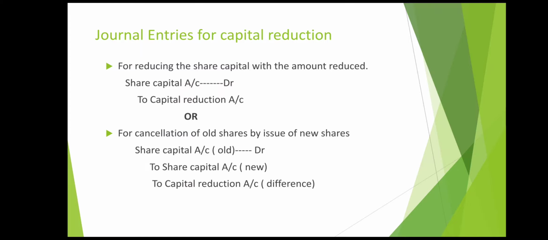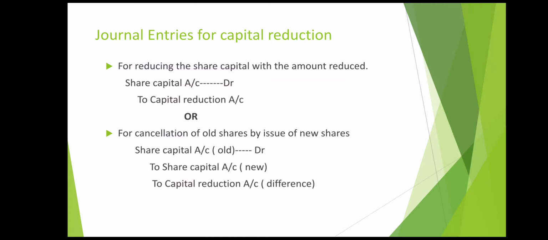Now second entry is for cancellation of old shares by issue of new shares. Sometimes the company might cancel old shares and issue new shares as per the requirement of the company. Now if the company wants the face value of shares to be less, let's say earlier the face value was 50 rupees per share and now the company wants to make it 40 rupees per share, so instead of 50 rupees, the shares will be of 40 rupees and the 10 rupees that the company has reduced will go to capital reduction account.